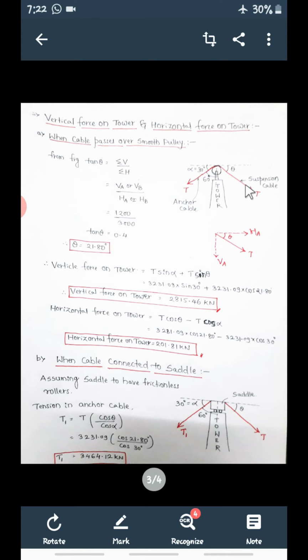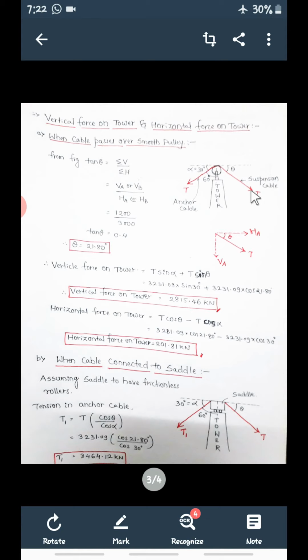See here, T cos theta in this horizontal direction, and this other one will be moving in the opposite direction, which means minus T cos alpha.